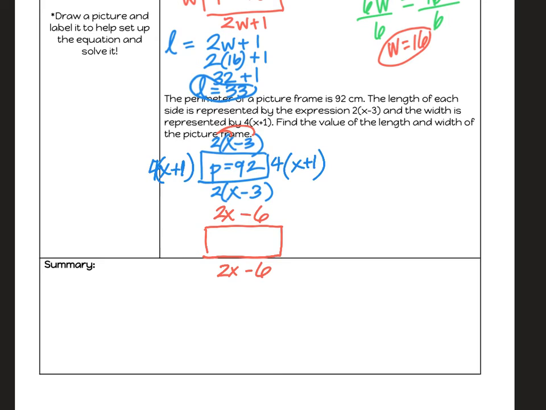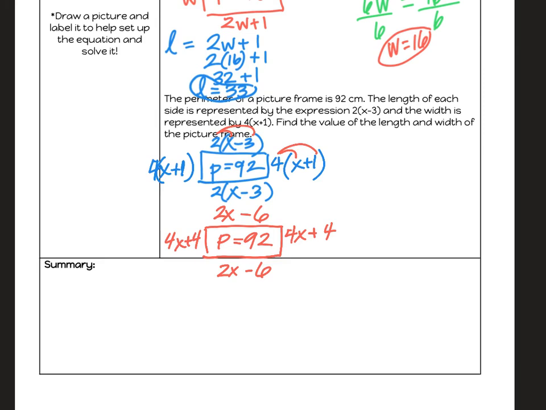And then when I distribute for the widths, I'm going to get 4x plus 4, 4x plus 4. And I know that the perimeter is equal to 92. So I need to add up all of these values and set it equal to 92, and then solve for the length and solve for the width.